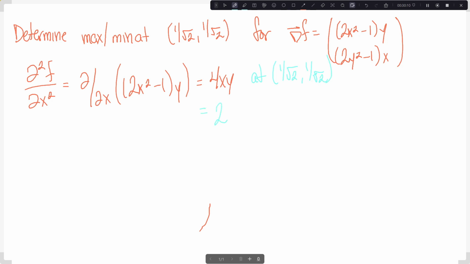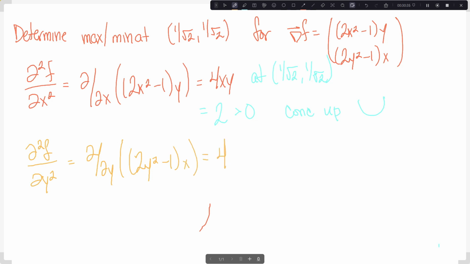Now if I calculate this at 1 over root 2, 1 over root 2, I'm going to end up with 2. 2 is positive, so we're concave up in that direction in x. We need the same to be true in y. So let's see. Partial squared f, partial y squared is partial y of 2y squared minus 1 times x.